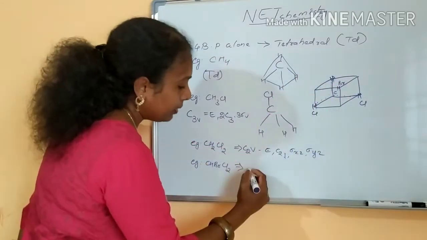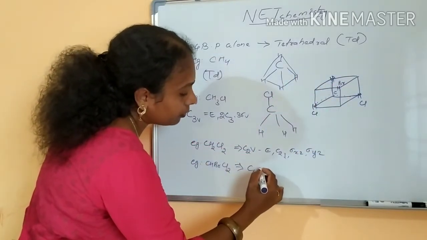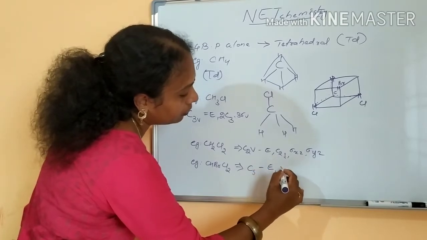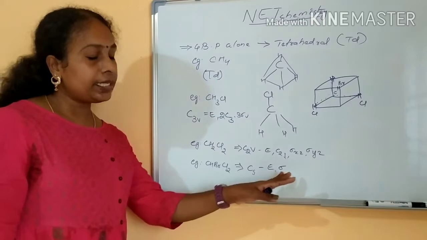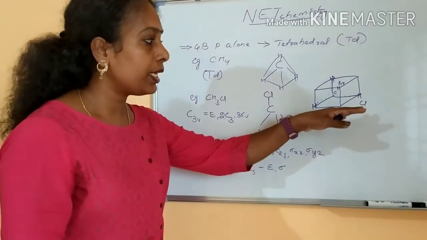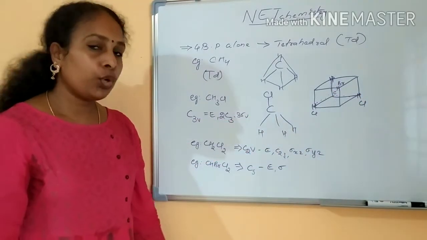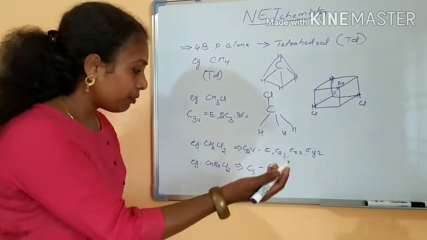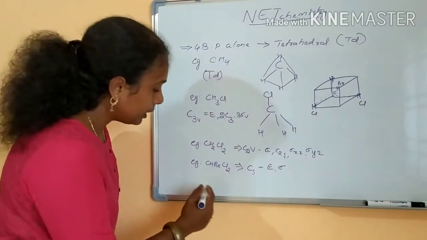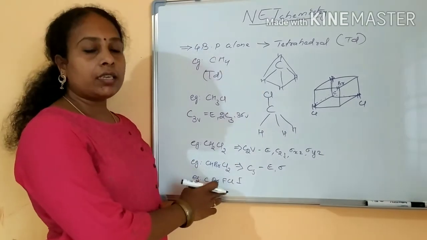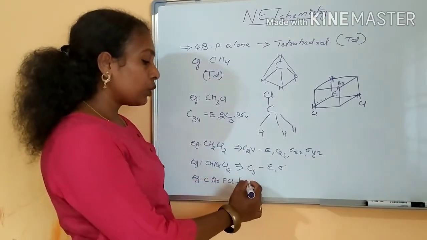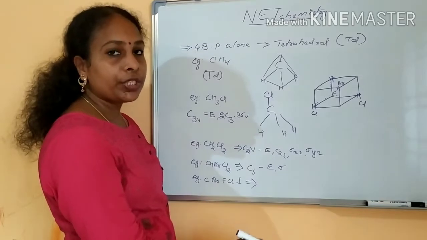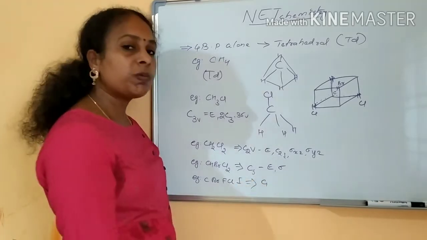It belongs to the point group Cs. E and sigma are the symmetry operations. Sigma is through the two chlorine atoms. Okay, clear? And the next one, all the hydrogen atoms are replaced with different atoms. Then there is no symmetry, only the identity operation will be there, and it belongs to the point group C1.